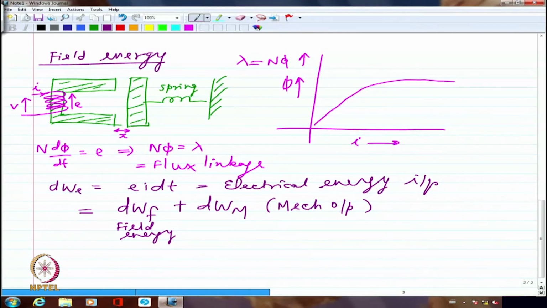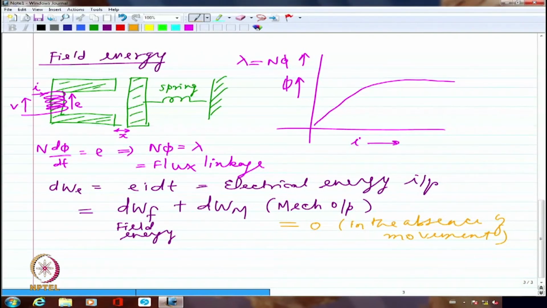I have not really mentioned any movement so far, because I have not pumped in a sufficient amount of current. So it was not able to attract the other piece of iron. So there was no movement at all. So if I look at how much is the mechanical energy output when there is no movement, this will be 0 in the absence of movement. So whatever I supplied, the entire thing went towards increasing the field energy.